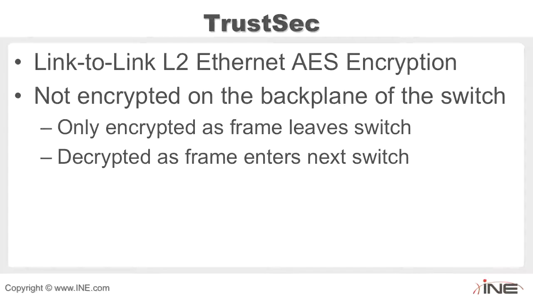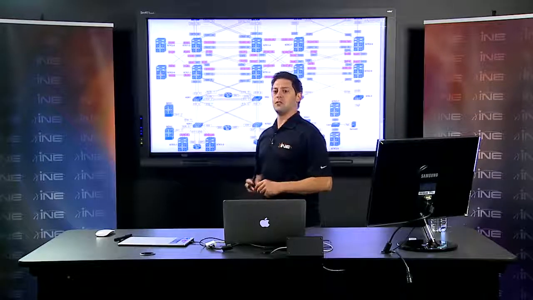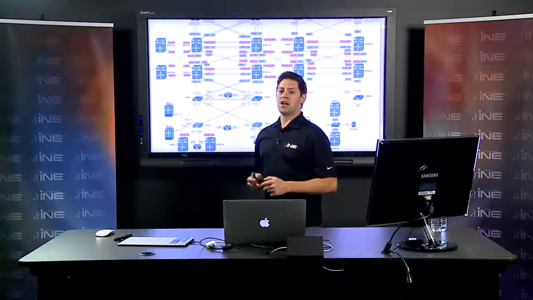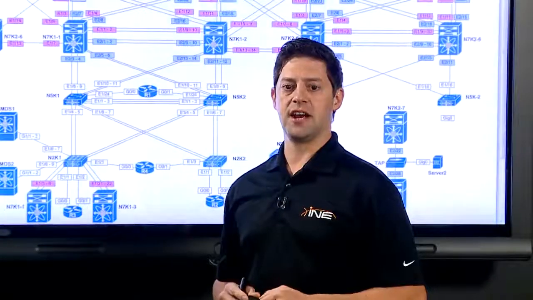So where might this be useful? Well, let's say we were going back to and revisiting what Brian talked about yesterday with OTV and really just DCI in general, data center interconnects.